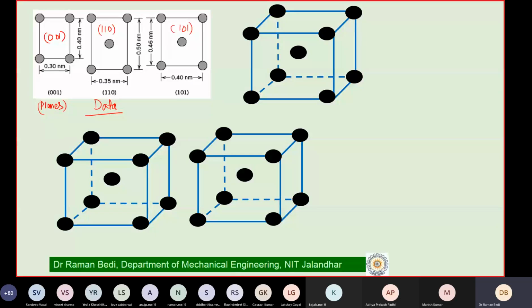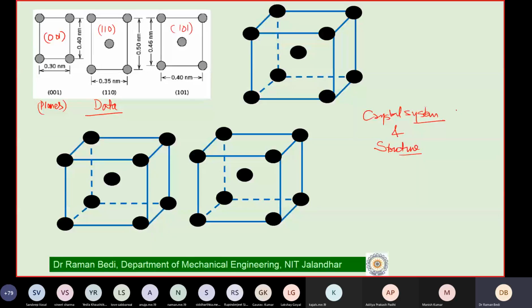Is that right? Yes, sir. The question remains the same, that I want to identify what is this crystal system and what is this particular crystal structure.